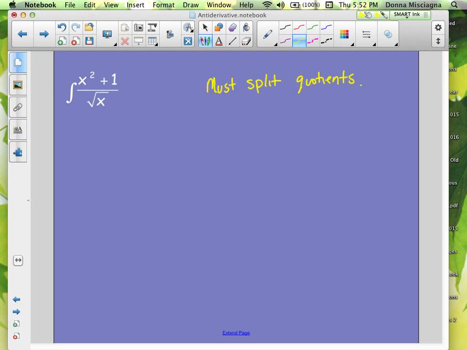Okay? So until we get to that point where we look at other methods of integrating, and that will be a little while, just note that when you've got a quotient for right now, you've got to split that quotient.